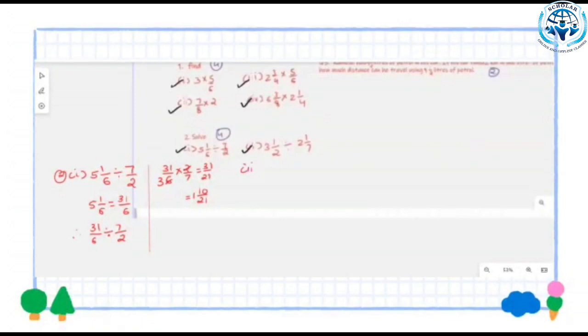Now the second part of question number 2, 3 1 by 2 divided by 2 1 by 7. Again, first of all, we will convert the mixed fractions into improper fractions. Then we will multiply by inverting the second fraction.